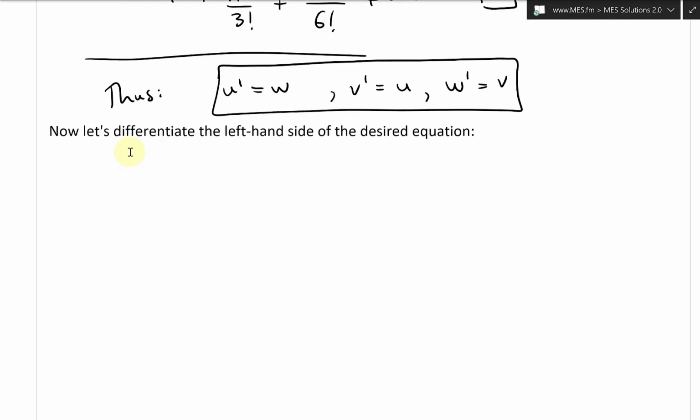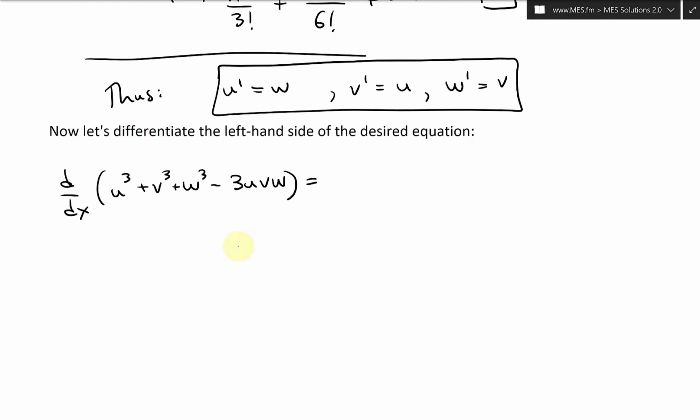So d over dx of u cubed plus v cubed plus w cubed minus 3uvw equals, all right, let's take derivatives. The 3 goes down. You get u squared, and then we're going to have to multiply by, using chain rule again, u prime, the inside. So that's u prime.